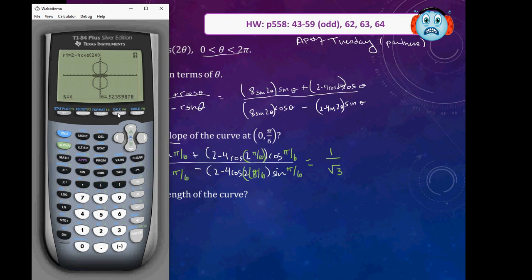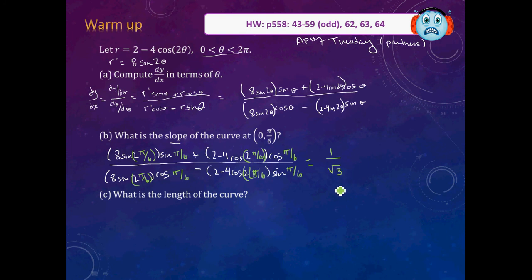And if I do the slope at that point, I get 0.577, which I don't think you'll be surprised to learn is 1 divided by the square root of 3. They asked me for the slope, that's all I need to write. If you did this with a calculator though, you could just write 0.577 as long as you have at least 3 places.